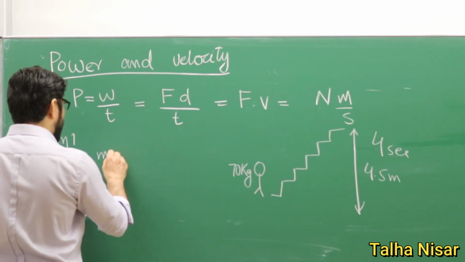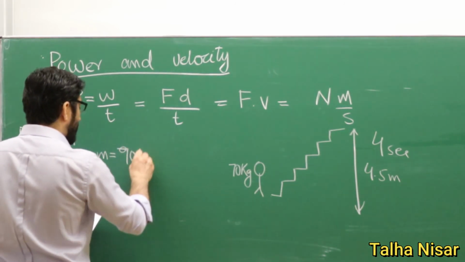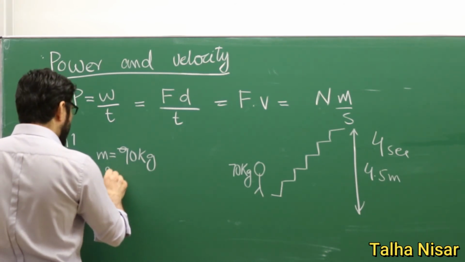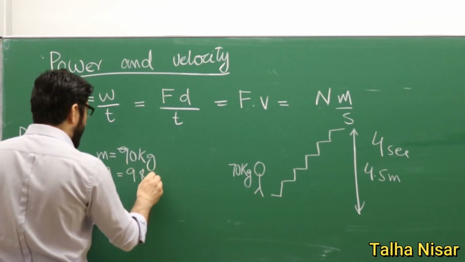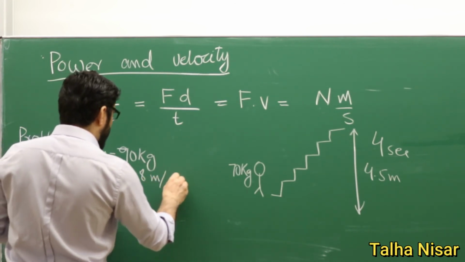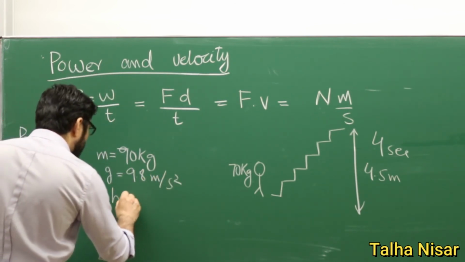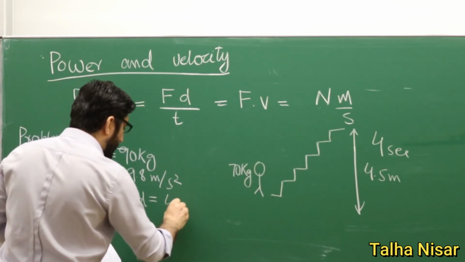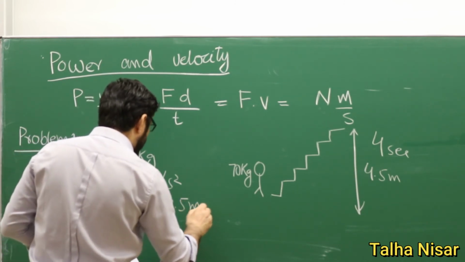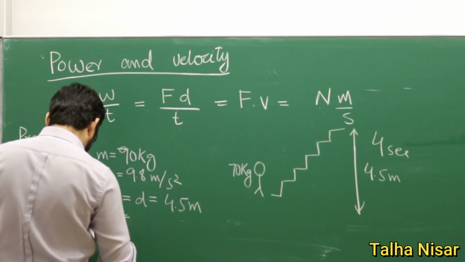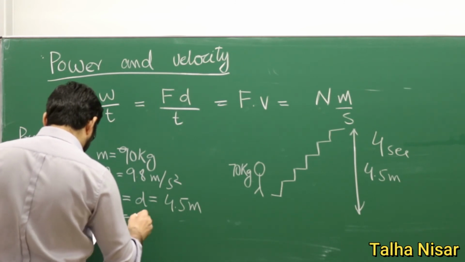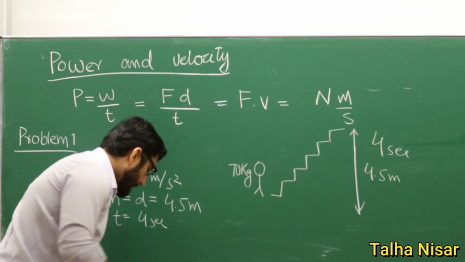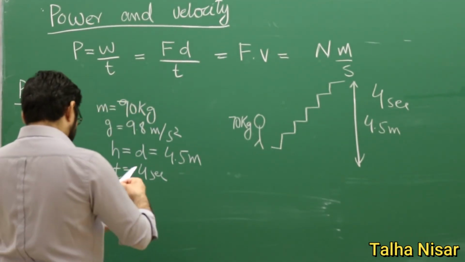So the mass of this person is 70 kgs, g is 9.8 meters per second squared, the height, or the displacement, is 4.5 meters, and the time is 4 seconds.